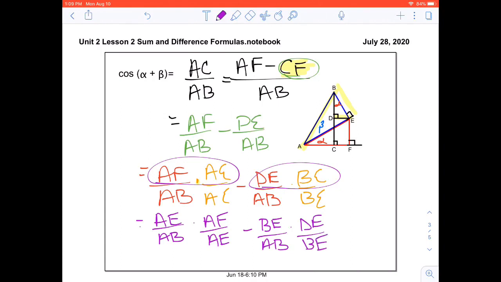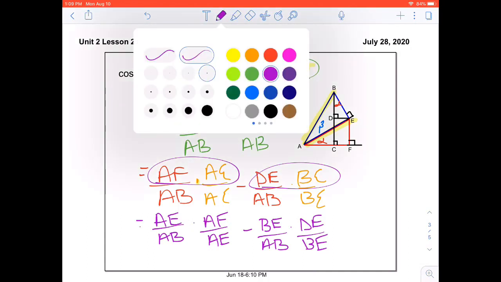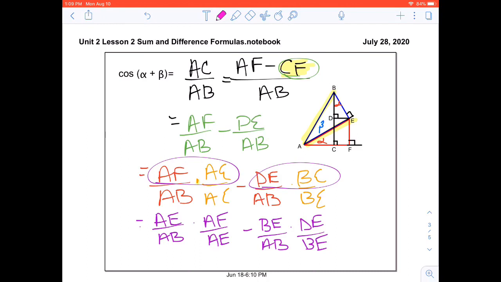And now let's look and see what ratios we have. All right, so when I look at AE and I look at AB, those are both on the blue triangle. So I notice that that is going to be adjacent over hypotenuse. That's the cosine of beta.